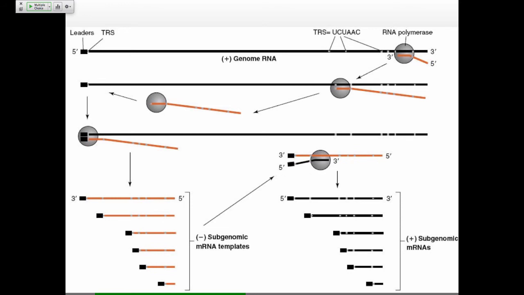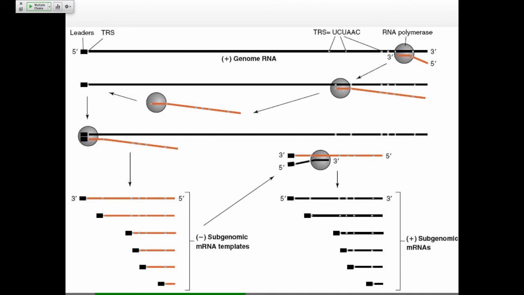What this will do is generate multiple subgenomic negative strands. We have lots and lots of copies of the sequence here, which corresponds to the very 3' end of your genome. These guys will get replicated again by the RNA-dependent RNA polymerase, generating multiple messenger RNAs here, which will make all of your structural proteins.